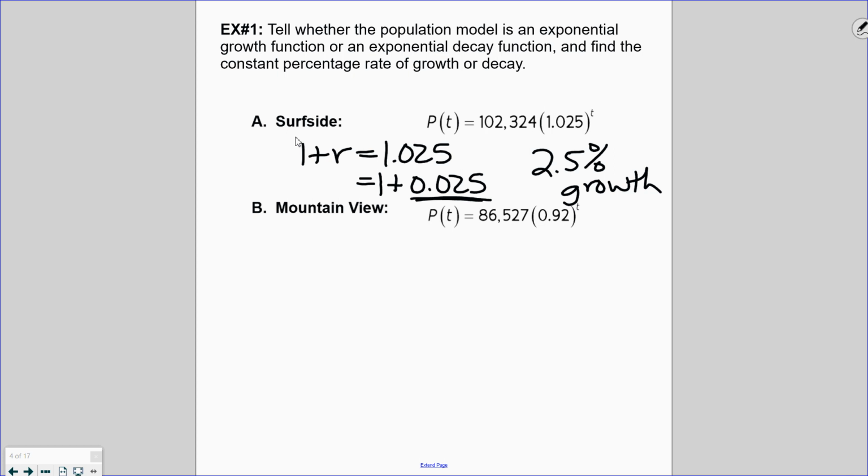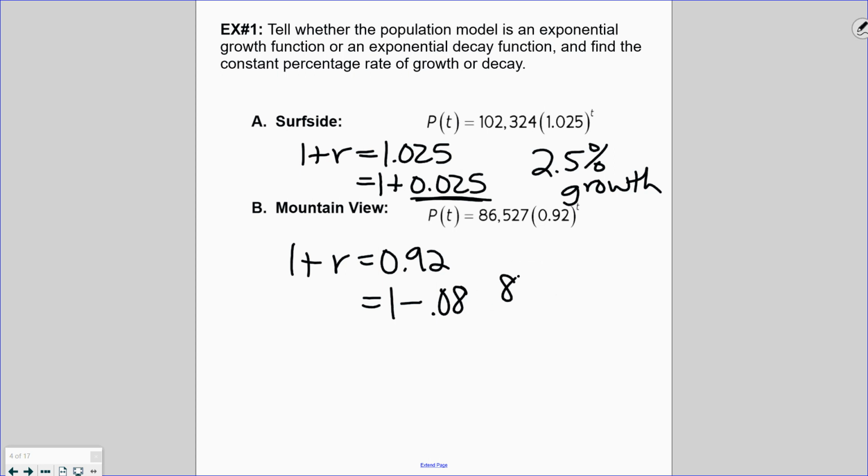Then for this one, we have that 1 plus R equals what's inside there, which is 0.92. So that means it's 1 minus something in order to get 0.92, because it has to be either 1 plus R or 1 minus R. In this case, it's minus, and it's 1, which is 100%, minus 0.08, which in percentages is 8%.